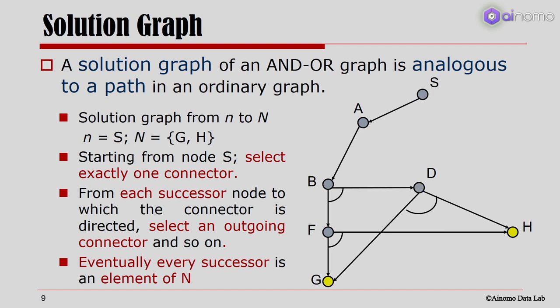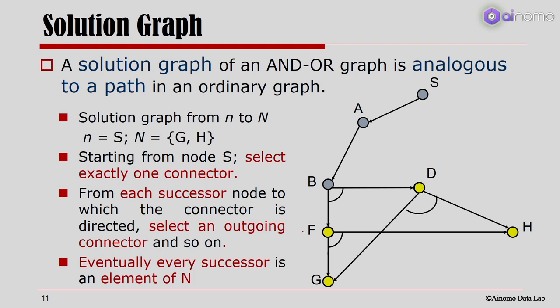Now if we focus on each of the nodes of the solution graph, it is interesting to note that once G and H are solved, I know that D would be solved because D is an AND node between G and H. Once I have G and H solved, I can also see that F, which has a 2 connector leading to G and H, can be marked as solved.